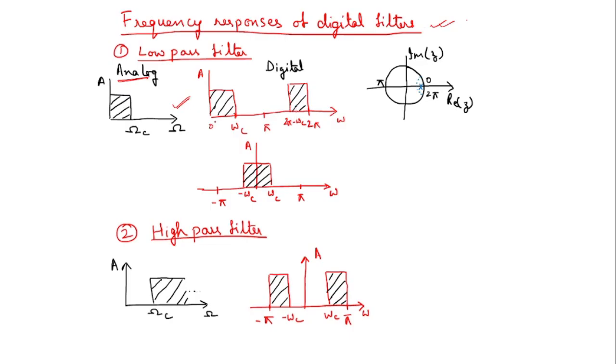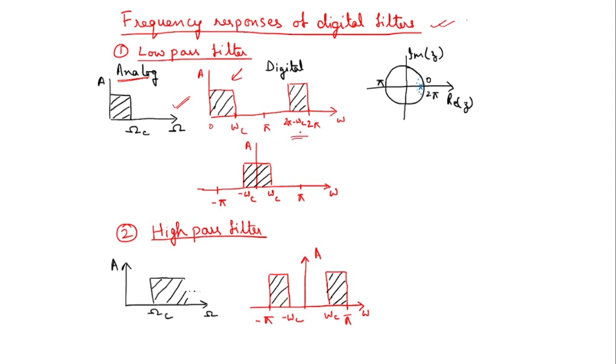So if you see over here, for the low pass filter having a passband in the region of 0 to omega c, we have a mirror passband in the frequency range of 2 pi minus omega c to 2 pi, right?